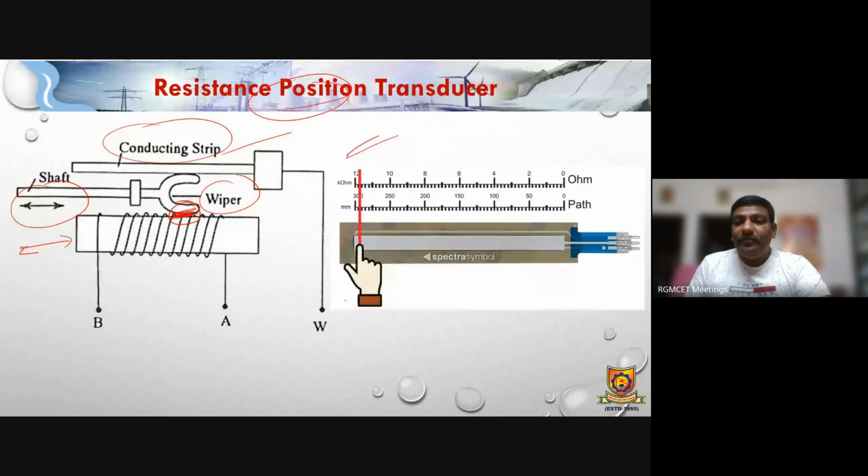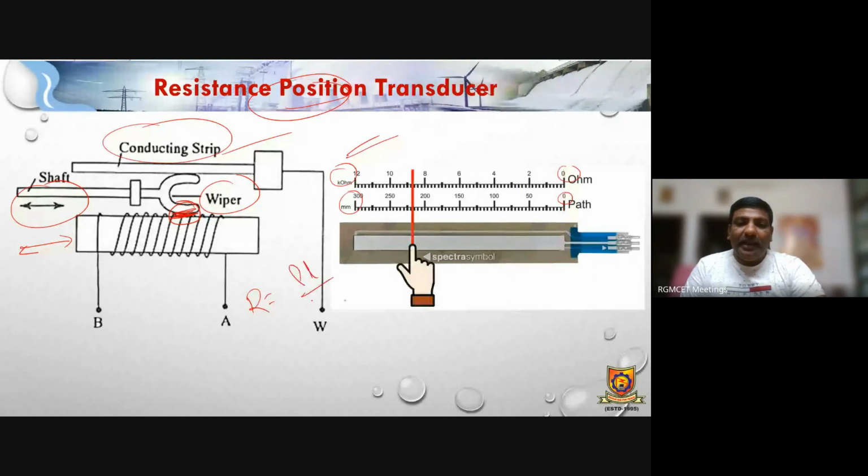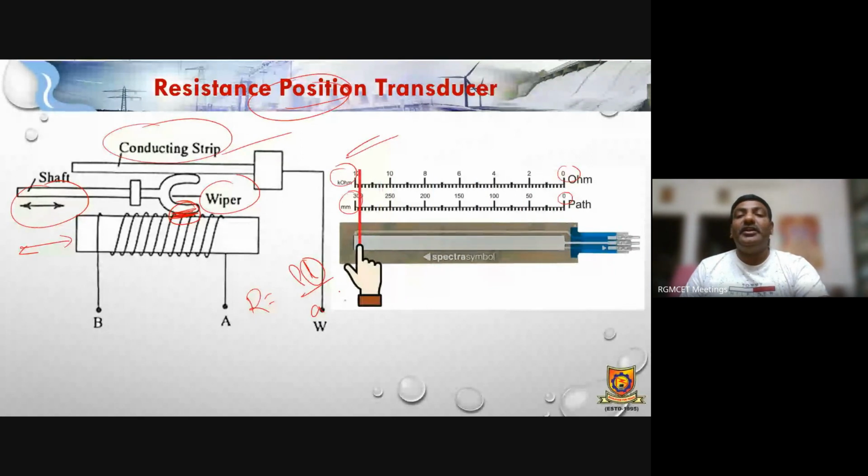Here the path is from 0 to 300 mm, with resistance from 0 to 12 kilo ohms, let us say. As it moves in either direction, according to the length the resistance will change, because we know that R equals rho L by A. If L changes, the resistance will change, and L is changed through the position of the contact terminal, right?